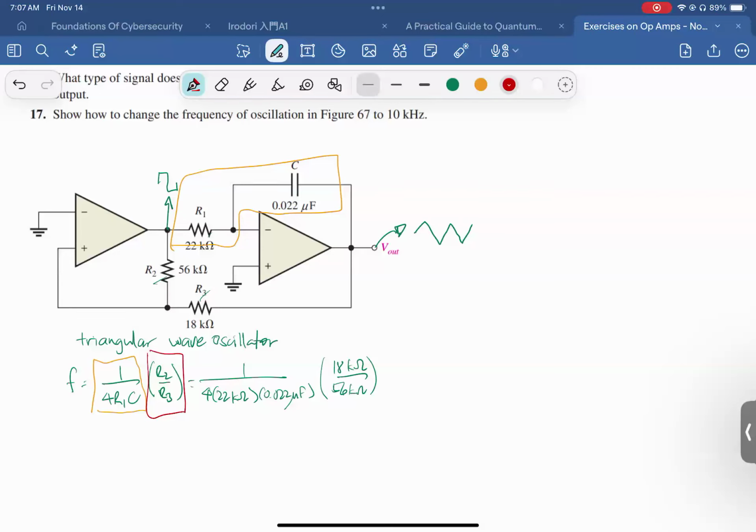Yeah. So ganyan kinocompute yung frequency. But it's not a voltage divider per se kasi frequency yung hinahanap. So if you solve that, ang makukuha niyo dyan is 1.6 kilohertz. So yan yung output na frequency.